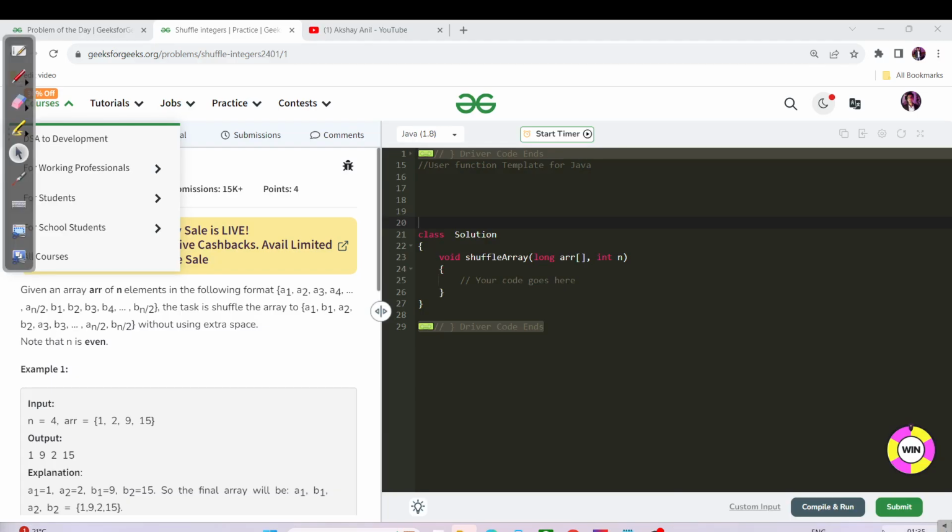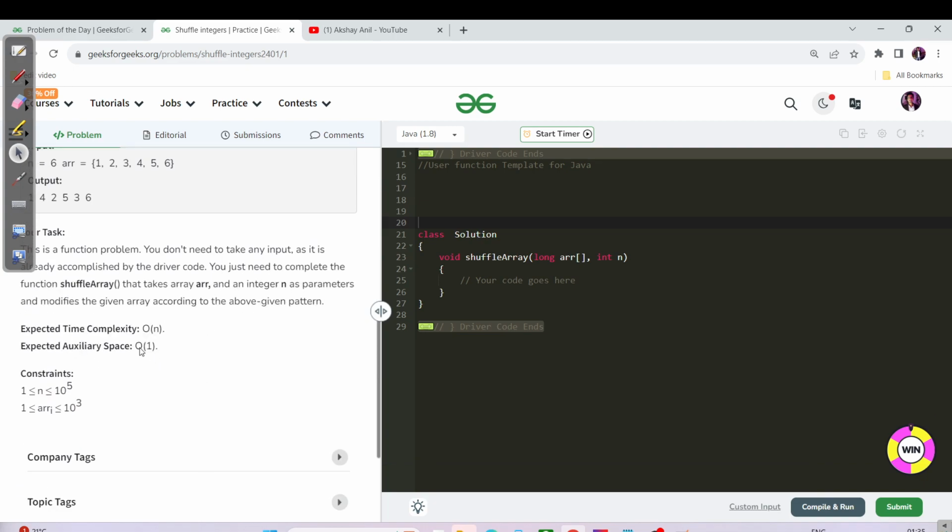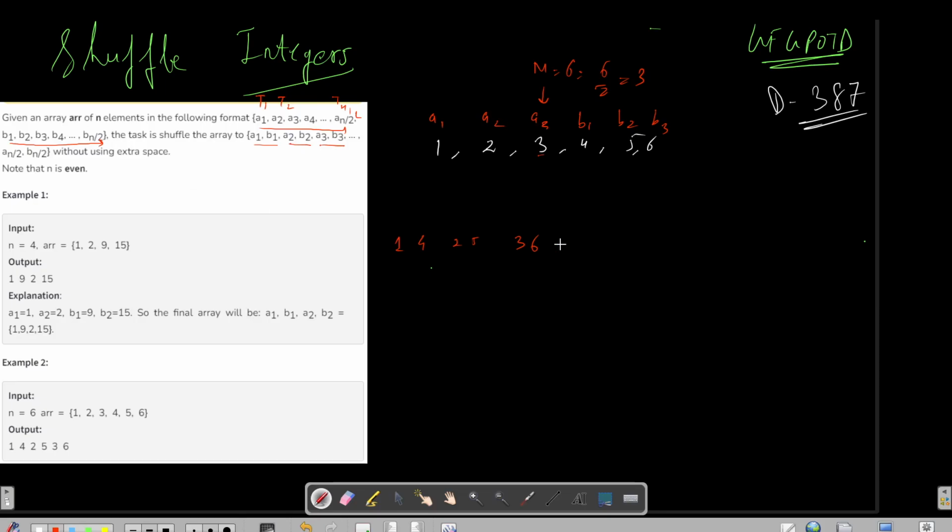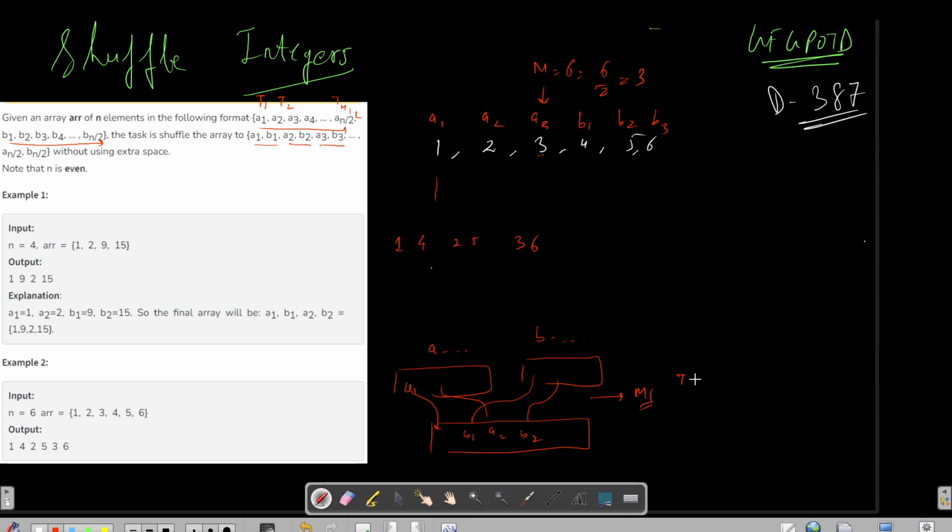And they have made this question complex by saying that you need to do it in O of 1 space, right? If a question had to be done in space complexity O of n, then we would make two temp arrays, one array for the a series and another for the b series, and similarly in the given array we update the values: put a1 here, then pick the next value b1, then again a2, and then from here we get b2, right? So this method, let's say brute force, you can call it brute force, and the time complexity would be O of n and space complexity would be O of n, right? But the trick here, or let's say the complex part, is that we do not need to use O of n space.